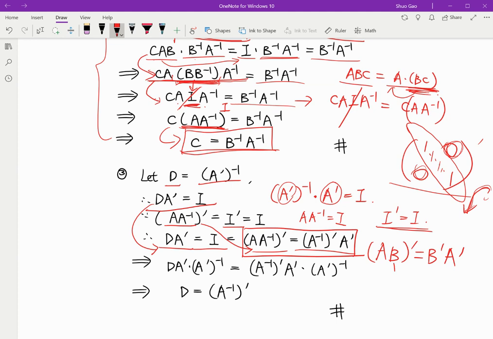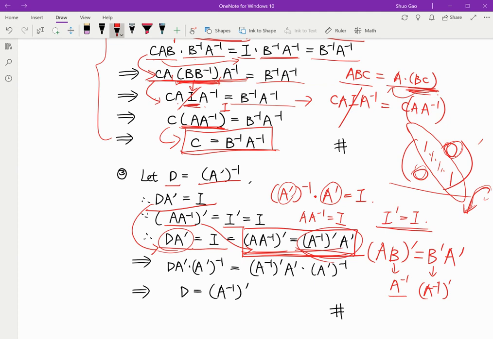Here the B matrix is just A inverse. So A times A inverse is equal to A inverse and then prime times A prime. So we know that D A prime just equals this thing.